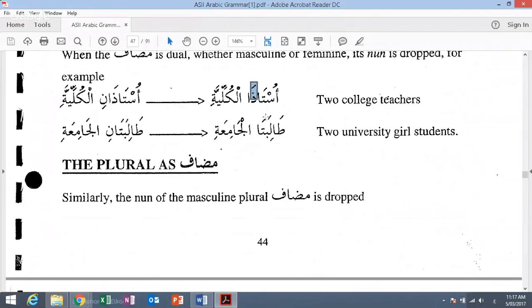So how do you know that I'm saying about the singular or dual? Wahid, tasniya. Laqaytu Ustad al-Madrasati. I have met the teacher of the college, Ustaz al-Kulliyati.